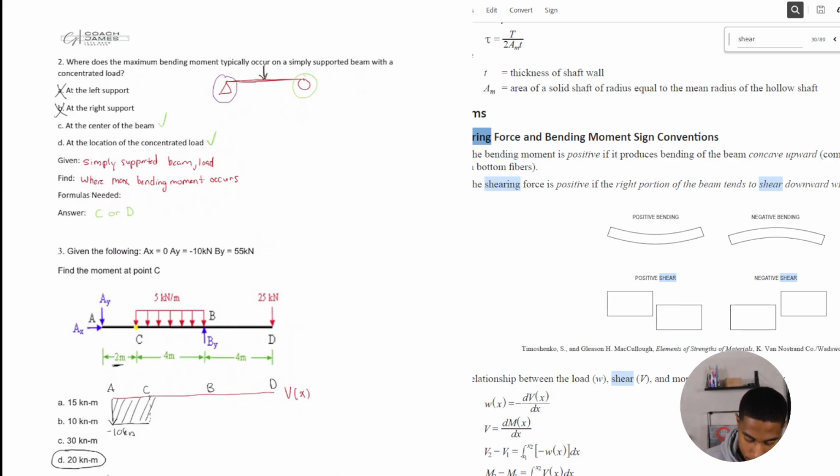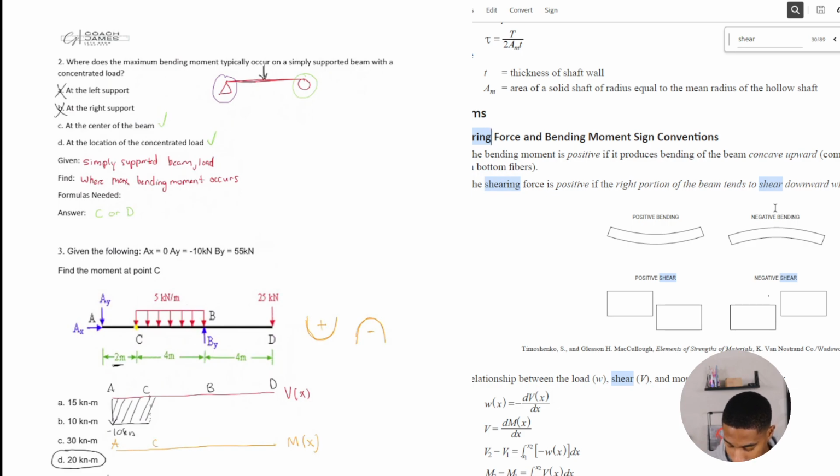Okay, so similar to your shear diagram, you're going to draw your moment diagram. All right, and if concave up is positive bending moment, and concave down is negative bending moment, and that's what the handbook says right here, then what would the look of the moment be from A to C?